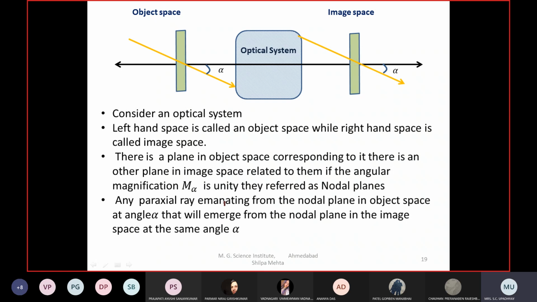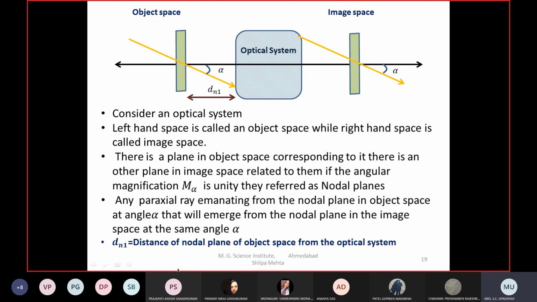So we can say that any paraxial ray starting from the nodal plane in object space at angle alpha that will emerge from the nodal plane in the image space at the same angle alpha, then they are called the nodal planes.